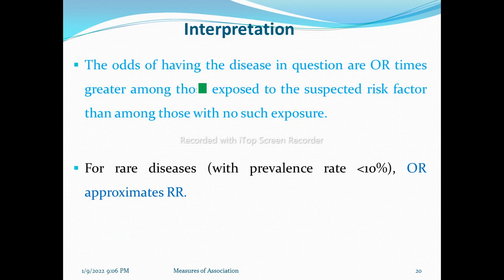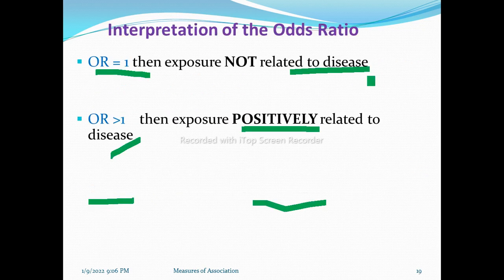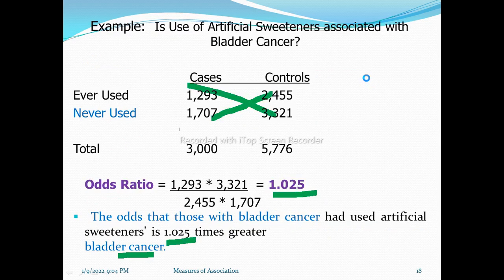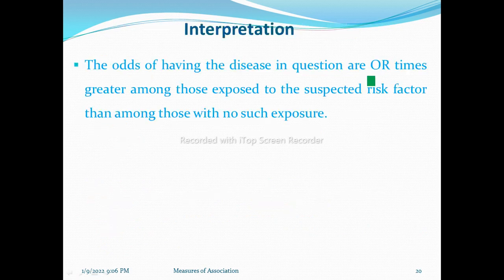So the odds of having the disease in question are odds ratio times greater among those exposed to suspected risk factor than among those with no exposure. So we can say in this case the disease is bladder cancer. So artificial sweeteners is a risk factor.